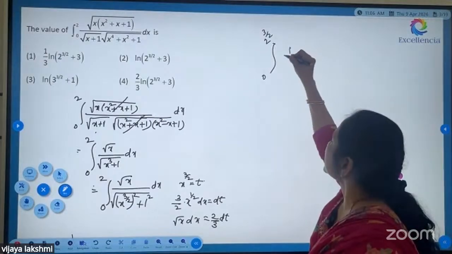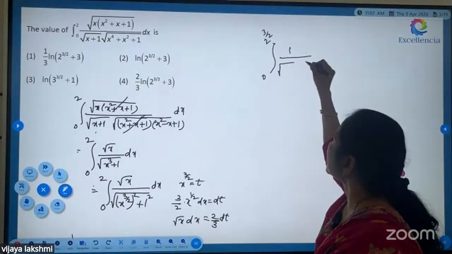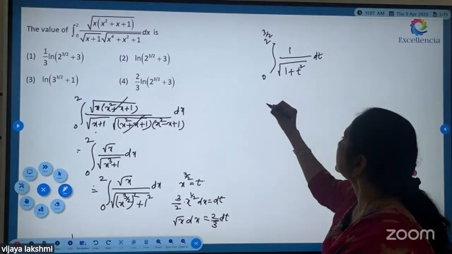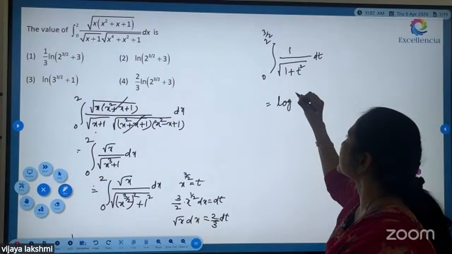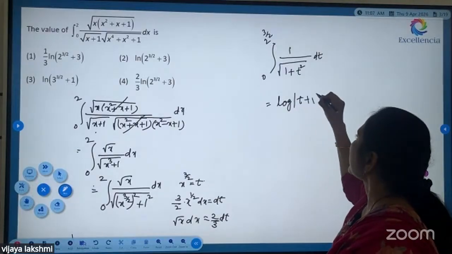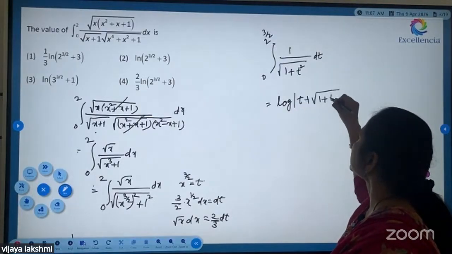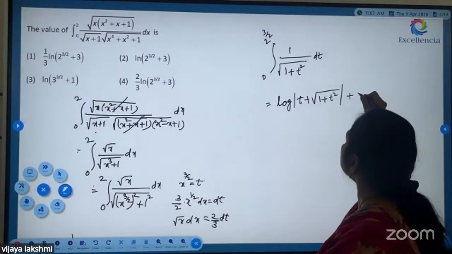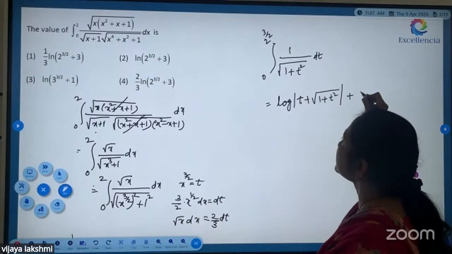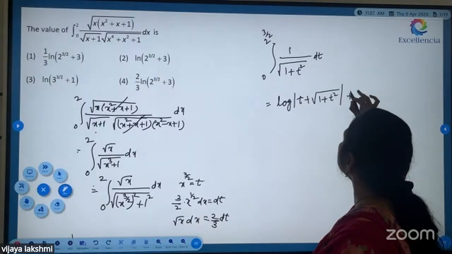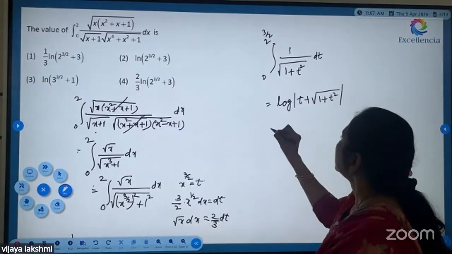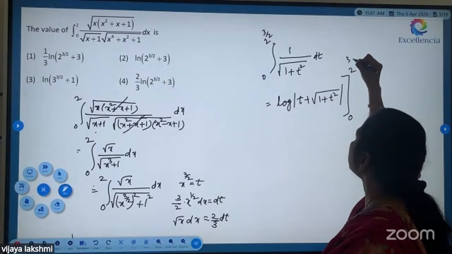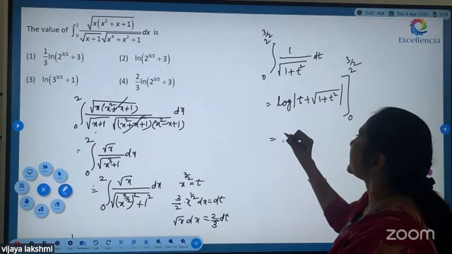Then you can write it as 1 by square root of 1 plus t squared. The standard formula we can apply: this is nothing but log of modulus t plus square root of 1 plus t squared, plus C. By applying the limits, we can get the value.